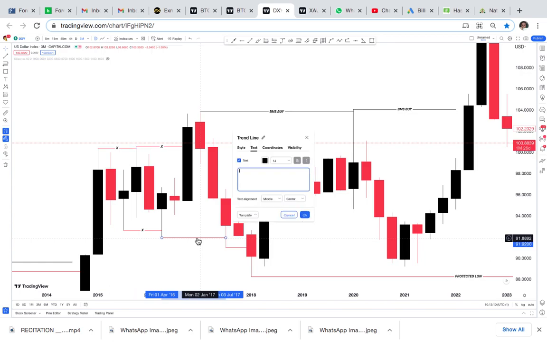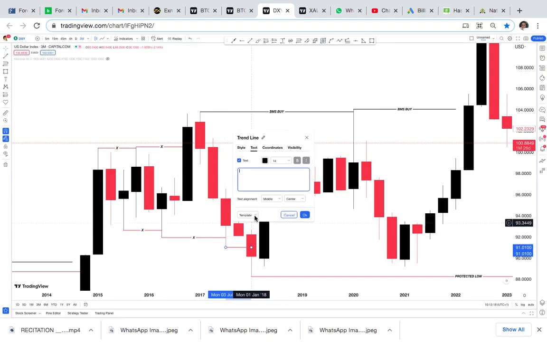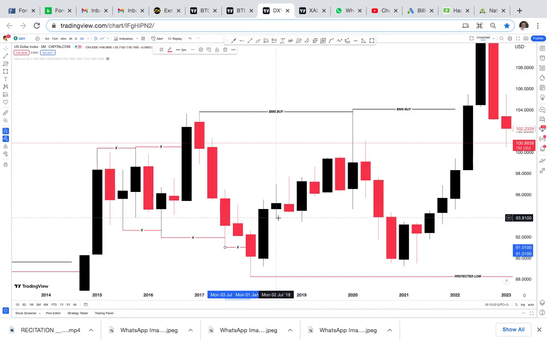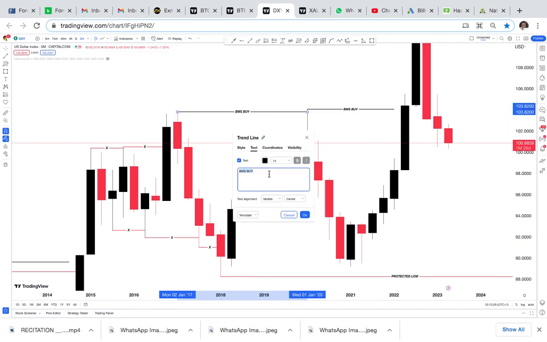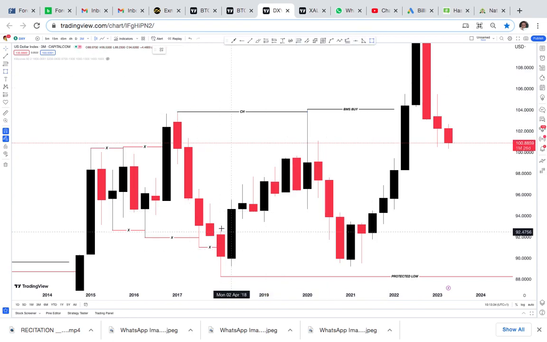This should be still a liquidity because the high was taken. So this was still a liquidity. So this zone took out this high. So this should be a check. So I'm interested in this zone.